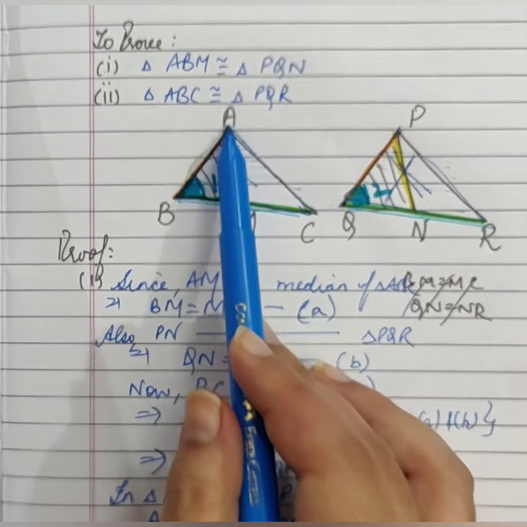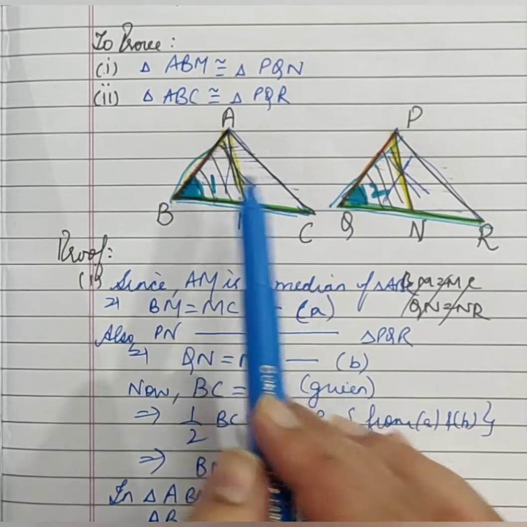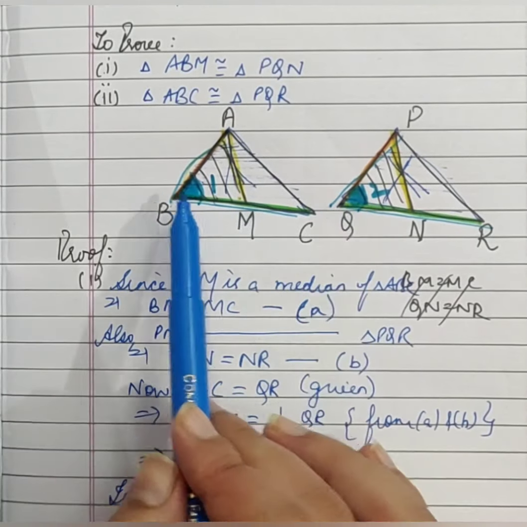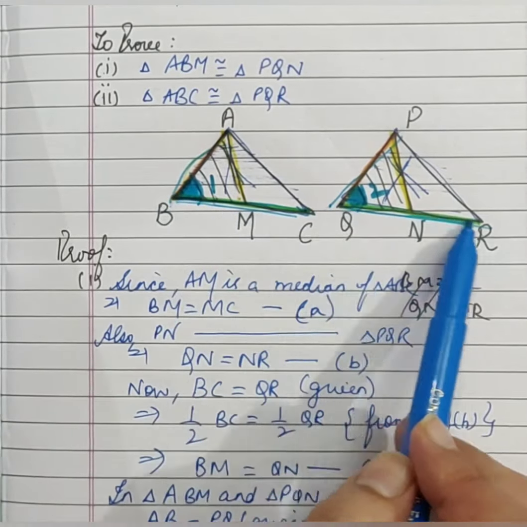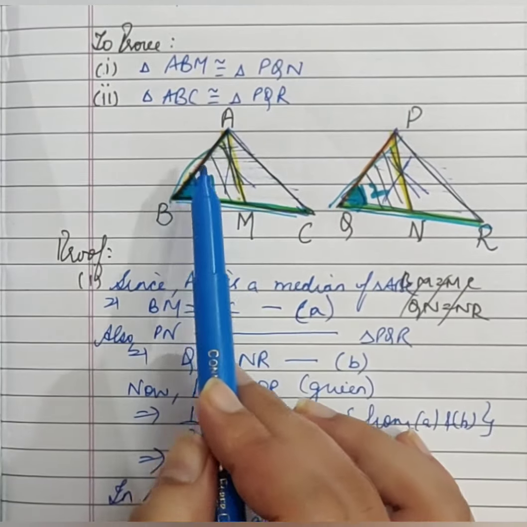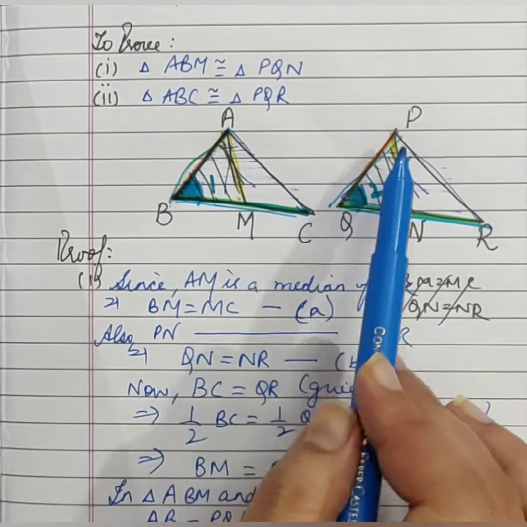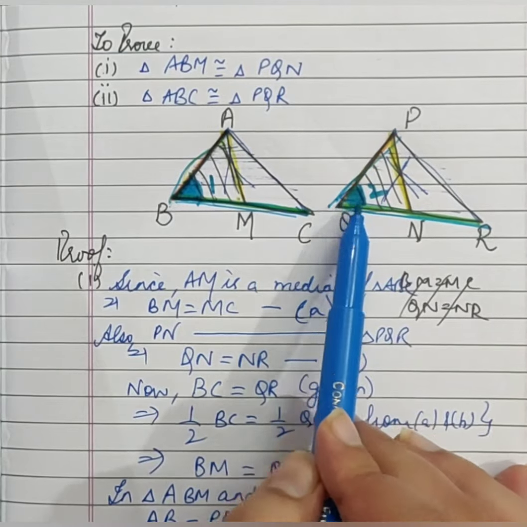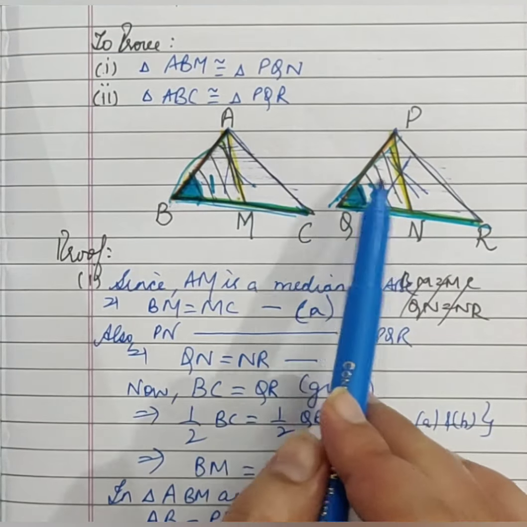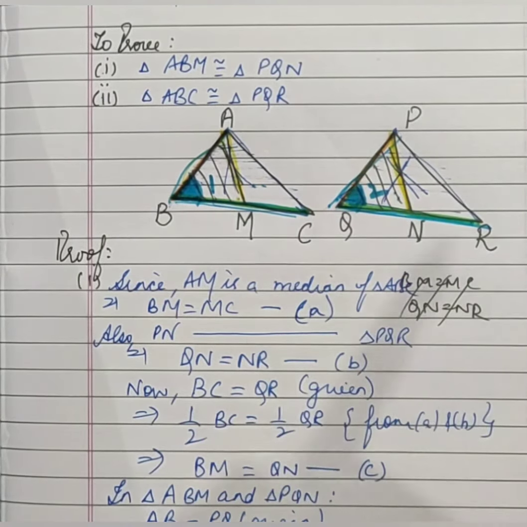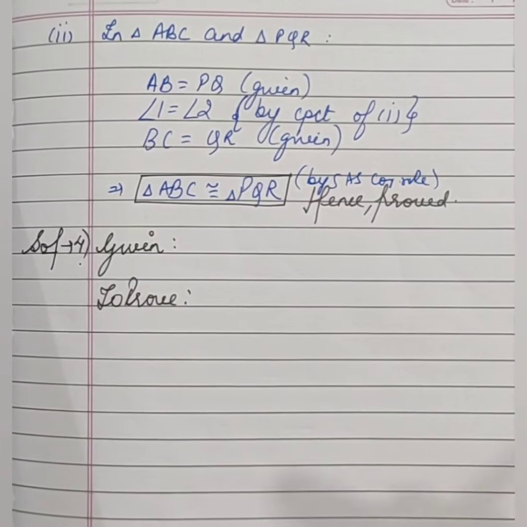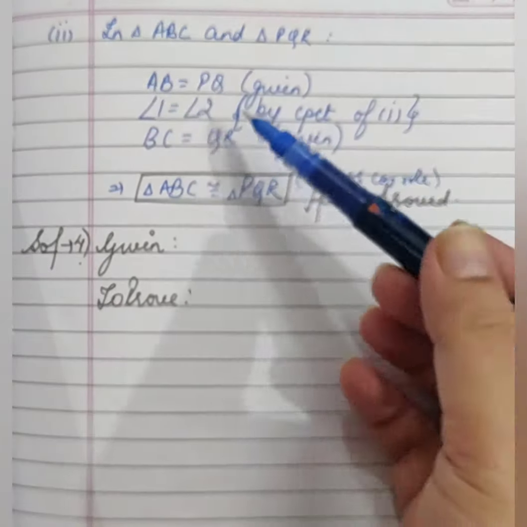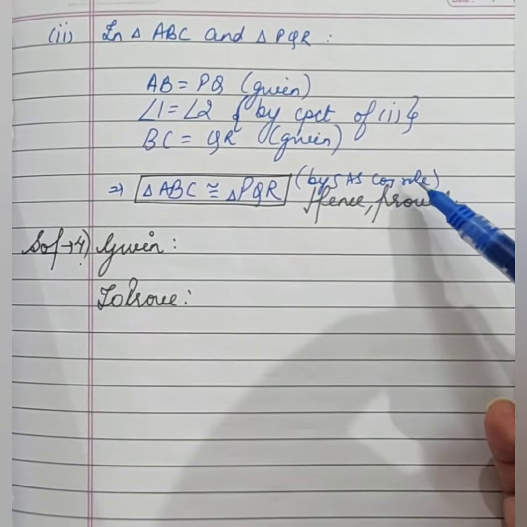So the three conditions are AB is equal to PQ, angle 1 is equal to angle 2, and BC is equal to QR. So by side, angle, side congruence, the two triangles are congruent, hence proved. This is the second part. The triangles are proved congruent using SAS rule.